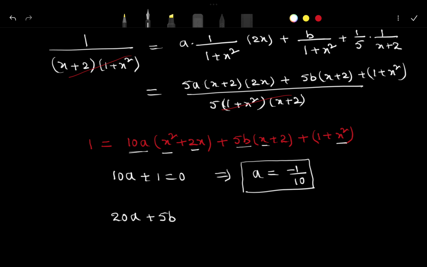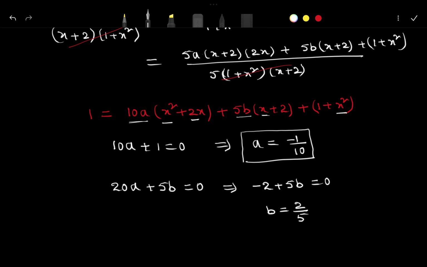The left hand side has no x term, so that value is equal to 0. Since 10a is equal to minus 1, 20a is equal to minus 2, so minus 2 plus 5 into b is equal to 0. From this, b is equal to 2 by 5.